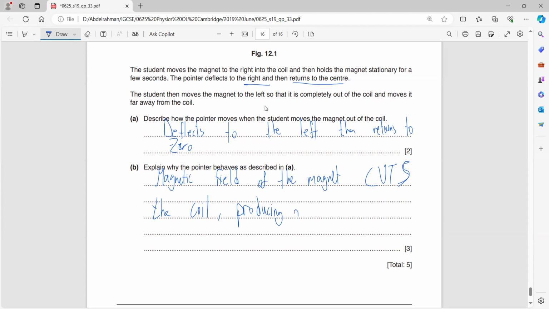What do I mean by induced? Induced means generated. You are producing an induced current in the coil. So what are the three keywords I care about in magnetic field? Cuts, and then it induces a current. Magnetic field cuts the coil, which induces a current in the coil. Okay? Easy?